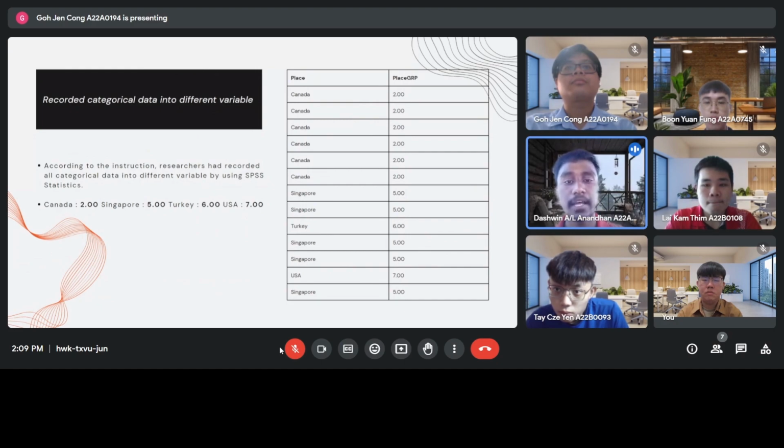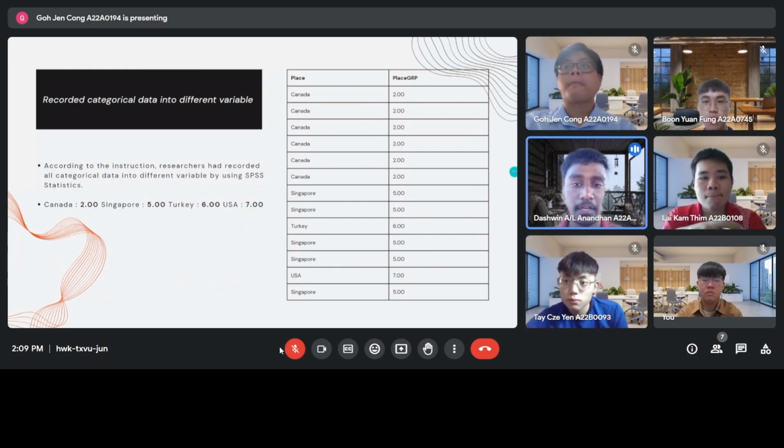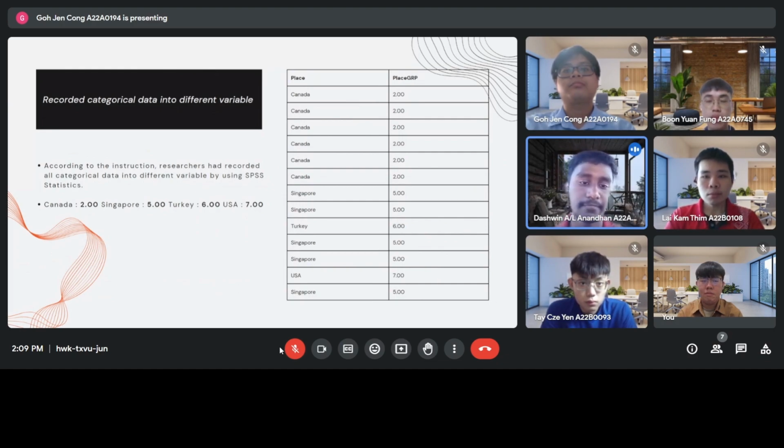This recoding process enables us to perform further analysis, such as examining the relationships between countries and other variables or comparing responses across different countries. It provides a structured format for conducting statistical tests and drawing meaningful conclusions based on the recoded data. Thank you.